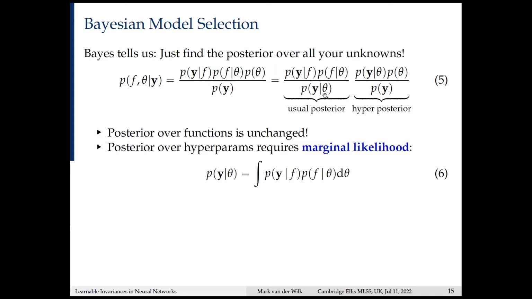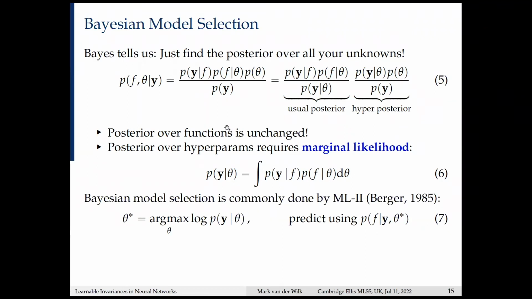What's nice is that your normal posterior over your weights, over your function, is unchanged, but your posterior over the hyperparameters now uses a different likelihood to your normal posterior. This likelihood is a quantity called the marginal likelihood, which you get by integrating your likelihood over your prior on functions.